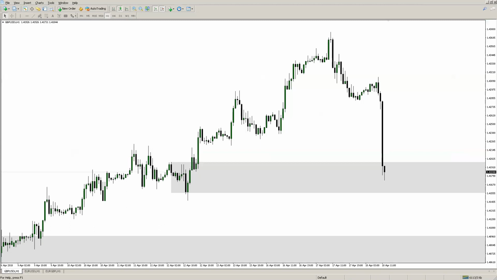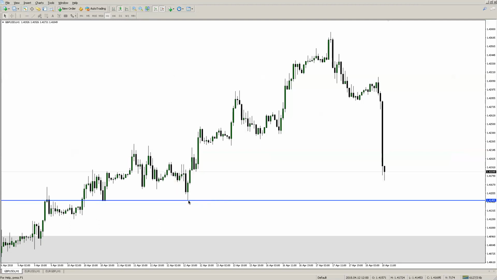No worries, Ryan. So does anybody else have any questions? Just to go over again real quick what I'm looking for going forward. If GBP USD breaks below this low here, 141.55, that would indicate a break.